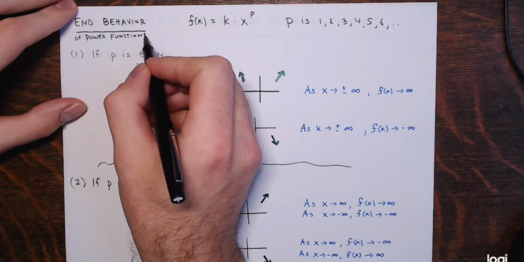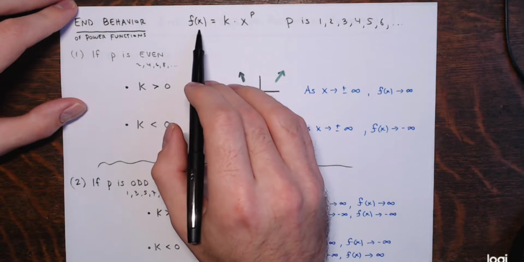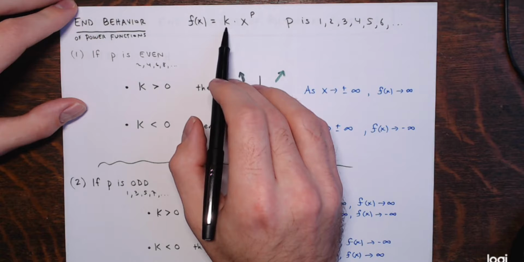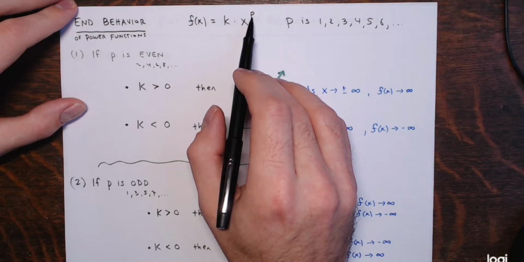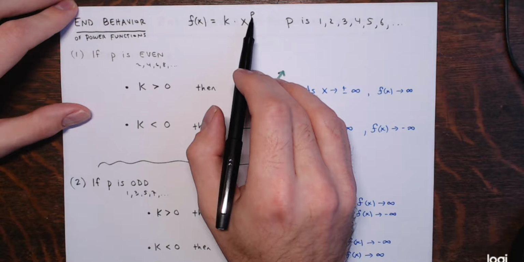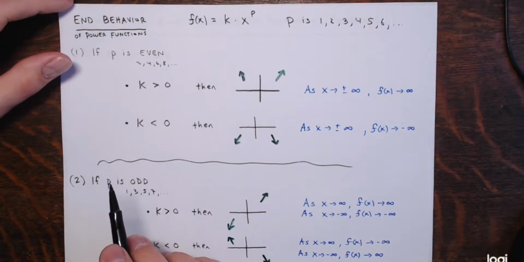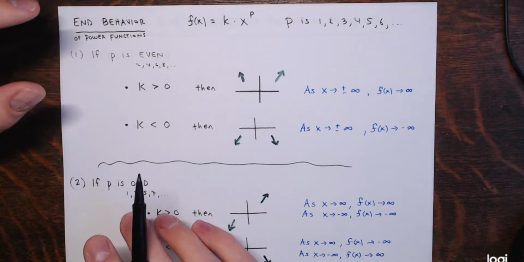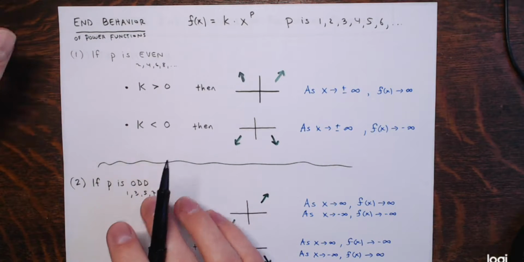Remember, a power function looked like this: y equals, or f of x equals, some number k times x to some number p, right? But we're only going to be focusing on powers that are whole numbers, right? 1, 2, 3, 4, 5, 6, and so on. So no fraction powers, no negative powers, no decimal powers, right? Just positive whole numbers here.